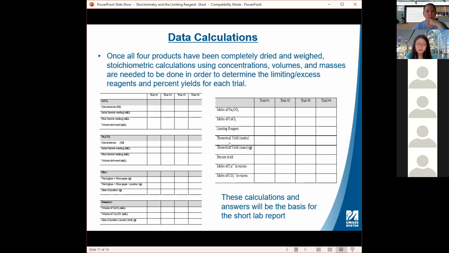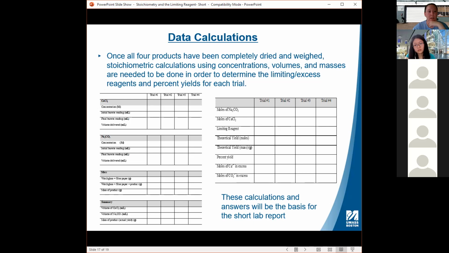So you will need to figure out what the moles are for each trial for calcium chloride and sodium carbonate, compare them to each other, and figure out which one is less, or the limiting reagent. And the lesser amount of moles is going to be the theoretical yield of moles, okay?